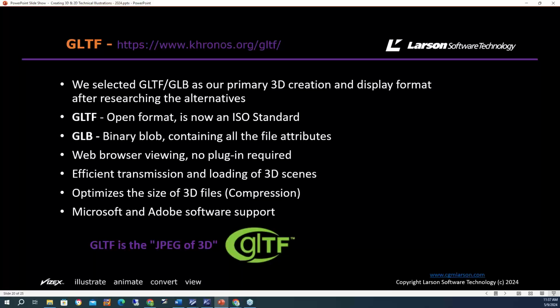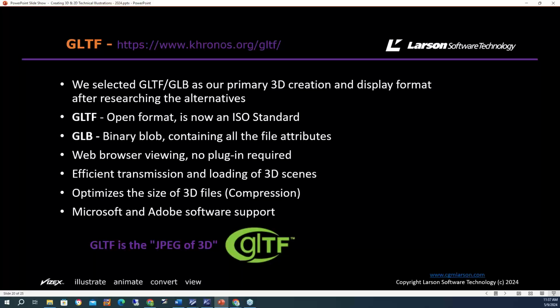So we selected GLTF and GLB as a primary format to distribute the 3D illustration, mainly because it was an open format. It's now an ISO standard. There's a binary version of it, which means everything is encapsulated in that one file, that was the file I just imported into PowerPoint. There's no plugin required for a browser.